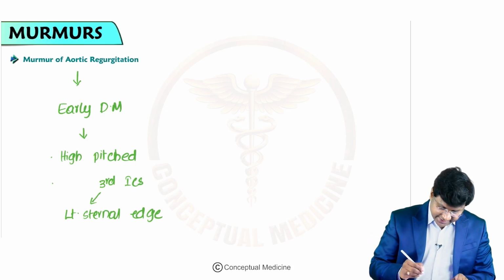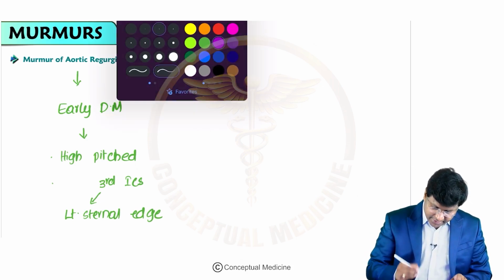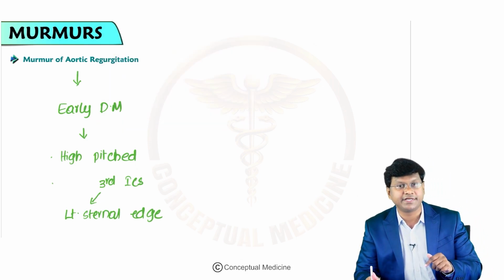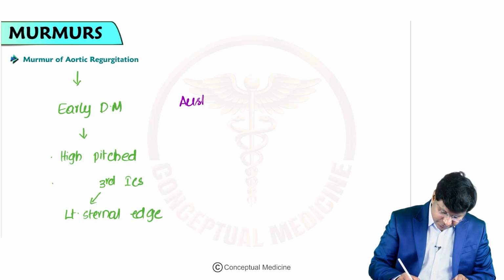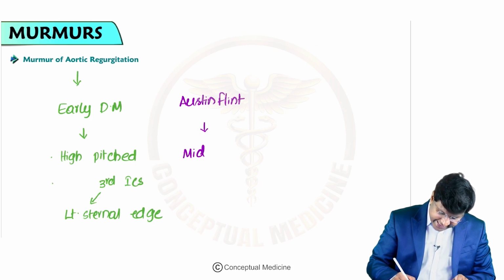And the another murmur in case of aortic regurgitation is the Austin Flint murmur, right? The Austin Flint murmur, which is a mid to late diastolic murmur.